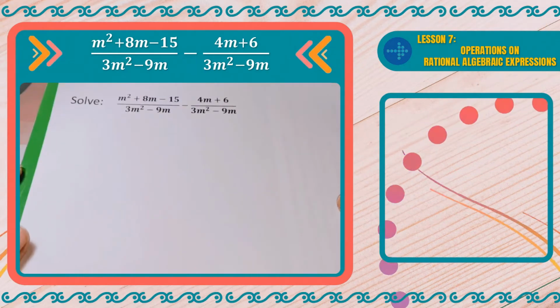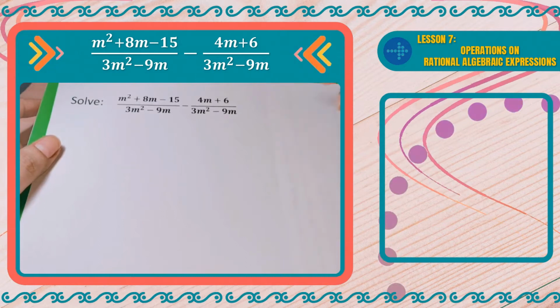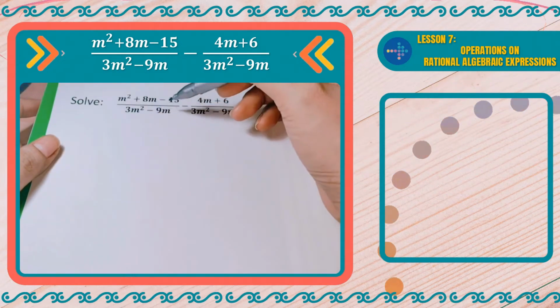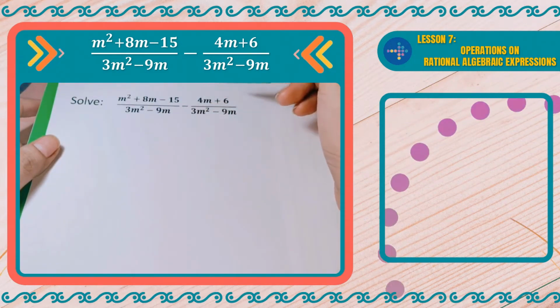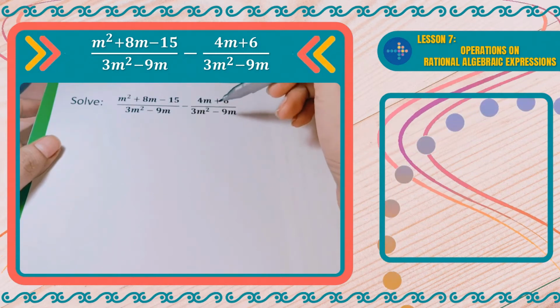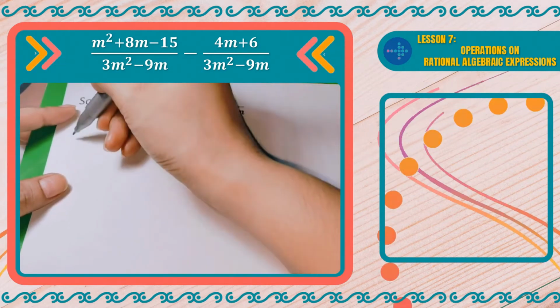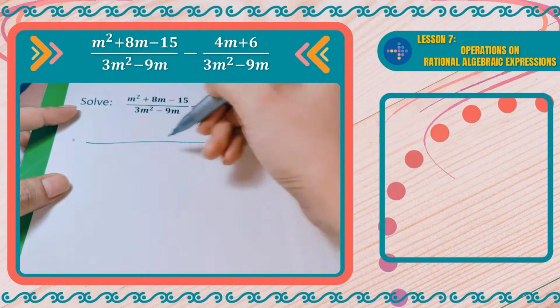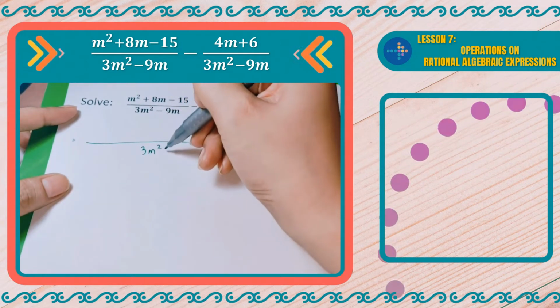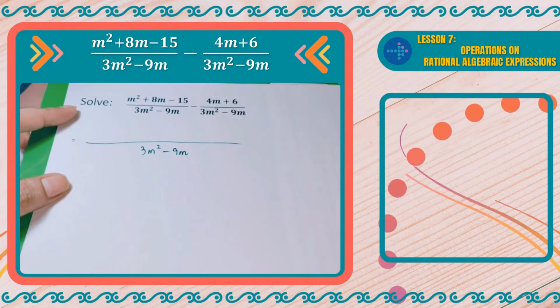So, the given is m squared plus 8m minus 15 over 3m squared minus 9m minus the expression 4m plus 6 over 3m squared minus 9m. Since pareho sila ng denominator, let us copy the common denominator, which is 3m squared minus 9m.